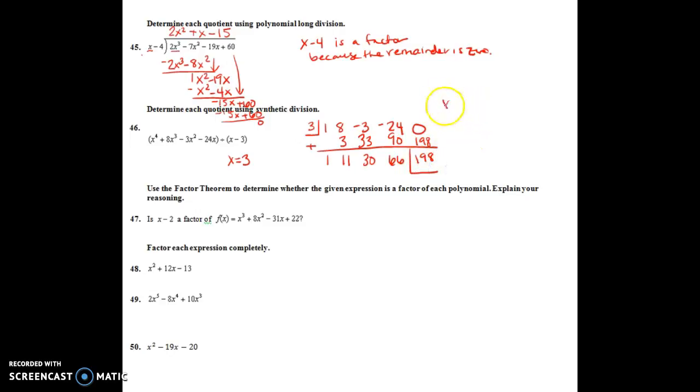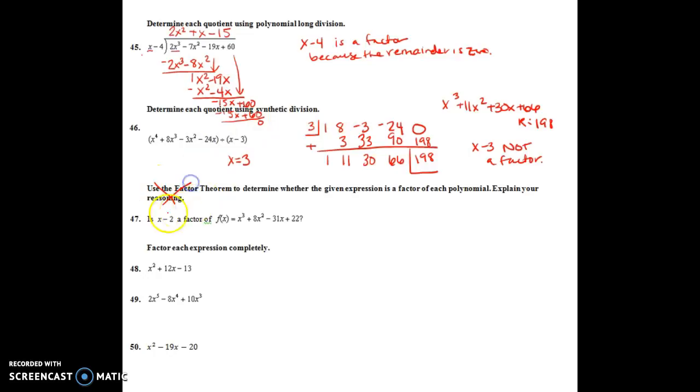So you get x cubed plus 11x squared plus 30x plus 66, remainder 198, and that makes x minus 3 not a factor. So a few of the questions that we did in there was division.